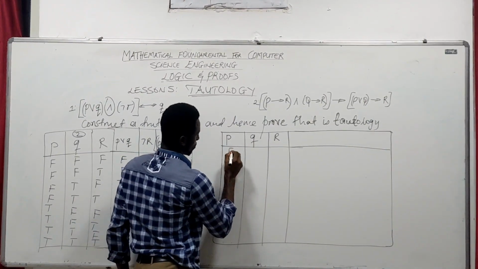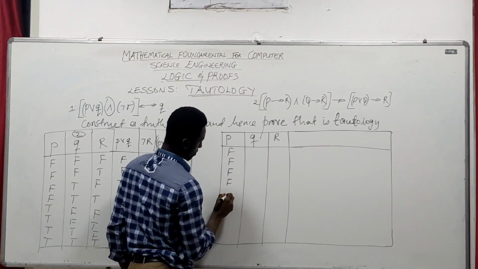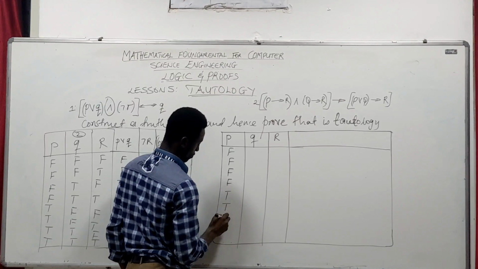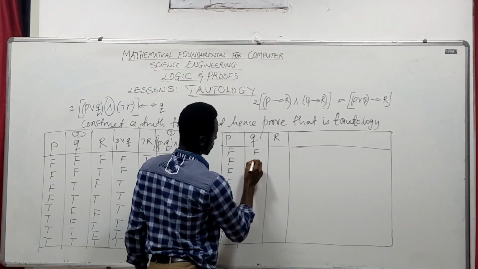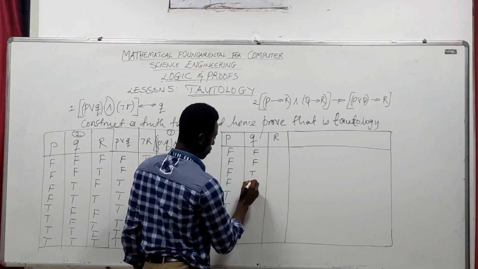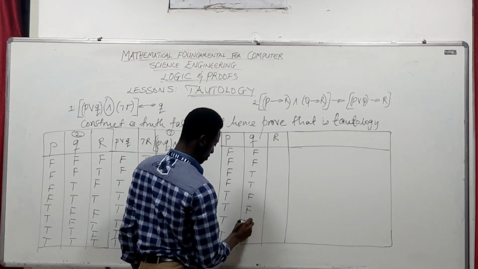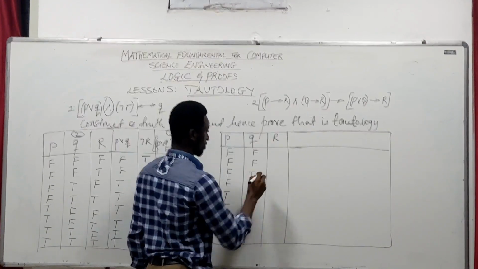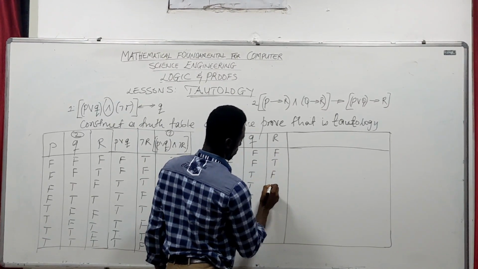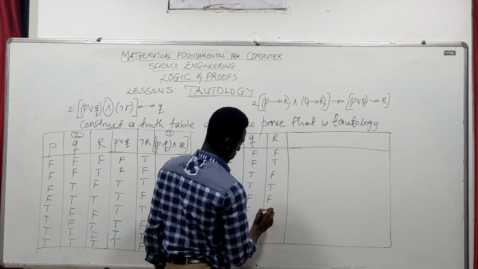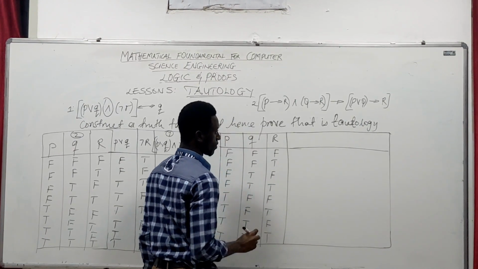So again we start from false, false, false, true, true, true, and true, false, false, true, true, false, false, true, true. Okay? False, true, false, true, false, true, false, and true.